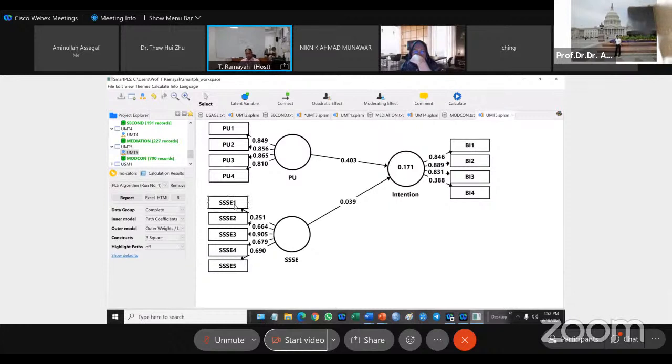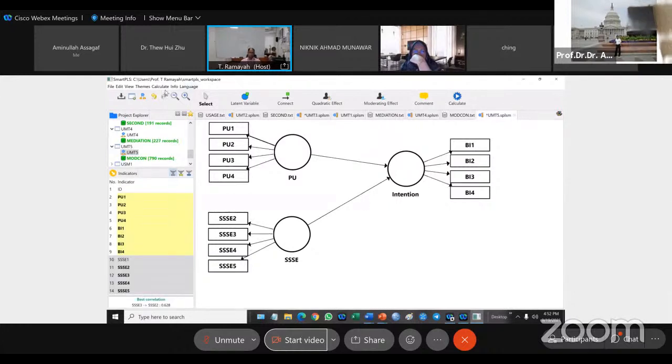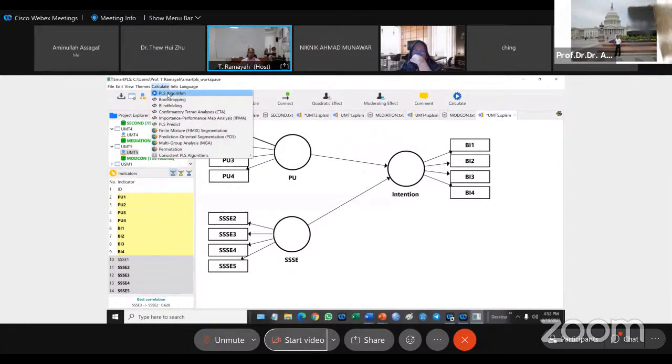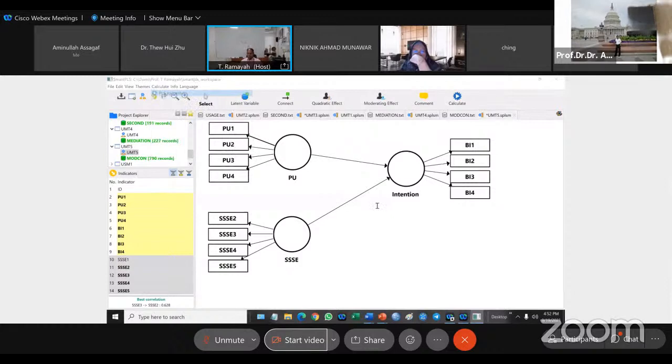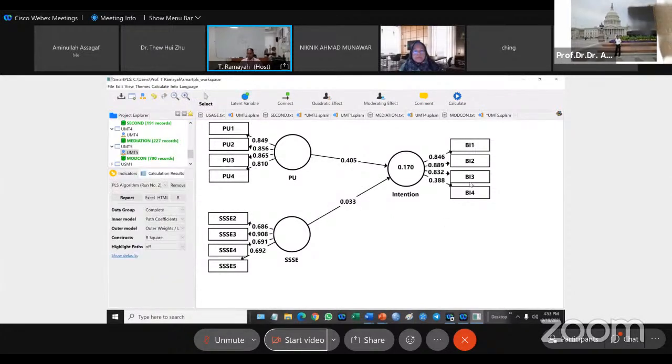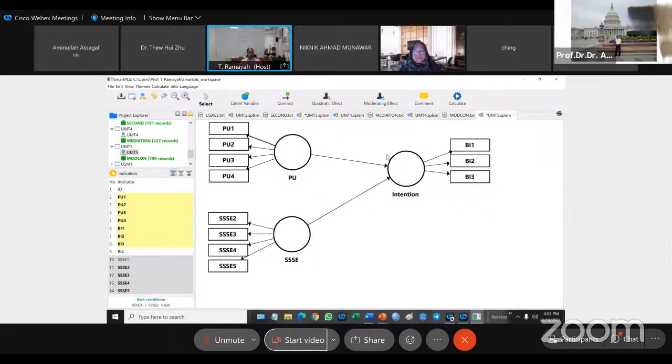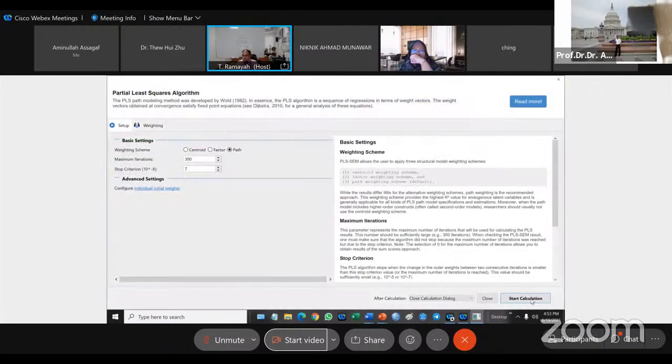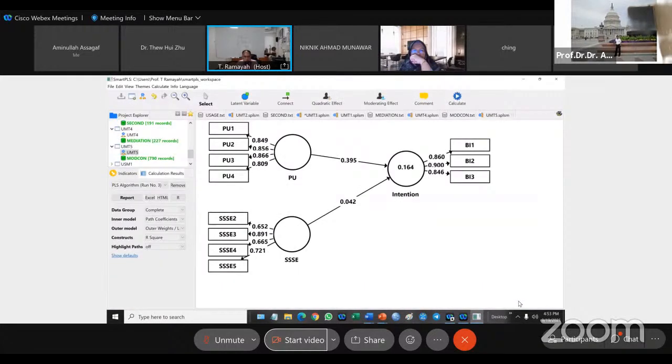So we will delete this item and we will rerun. Now the items here are all okay. Here we have 0.388, which is lower than 0.5. We will delete this, and then we will rerun. So that's how you finalize your measurement model.